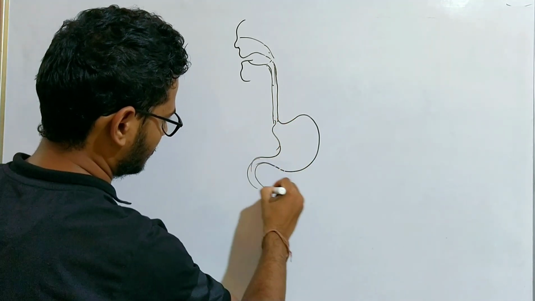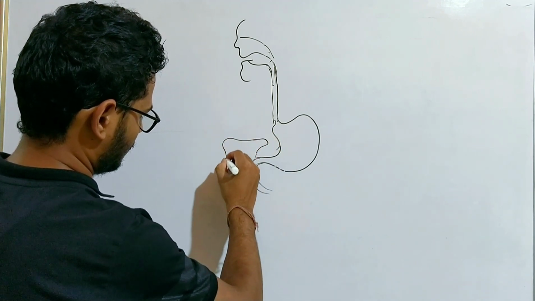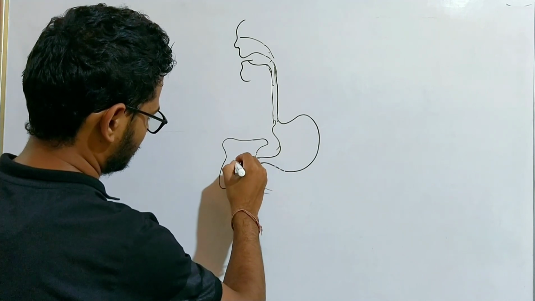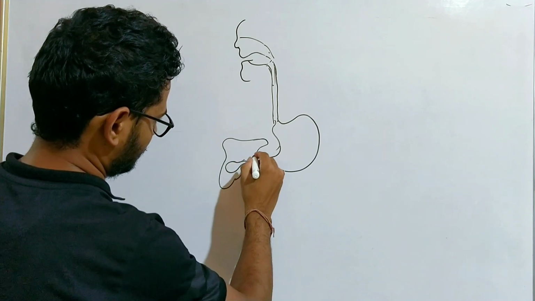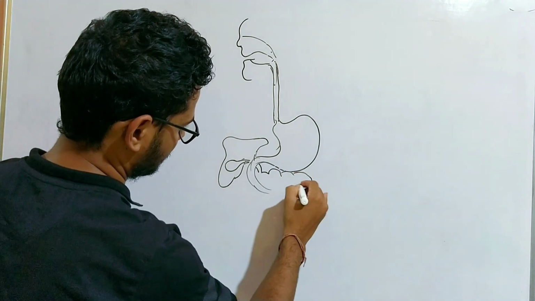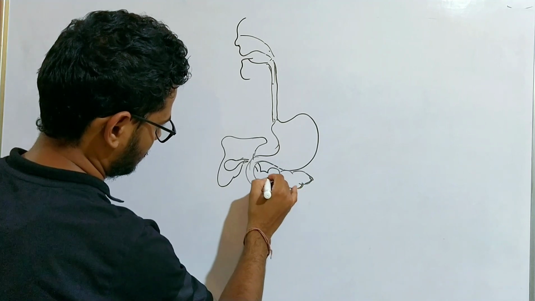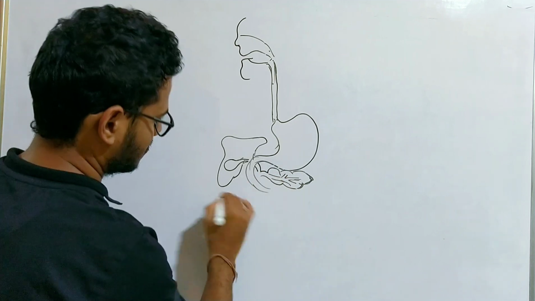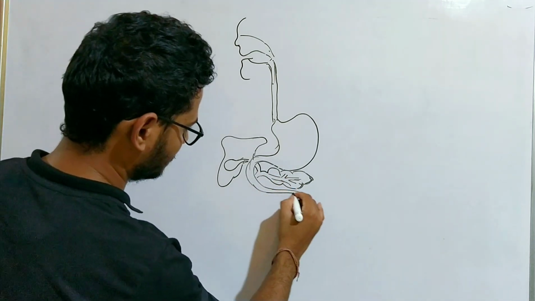It is the stomach, and after this the small intestine, this is the gallbladder and the liver, this is the pancreas, the small intestine will continue downward.